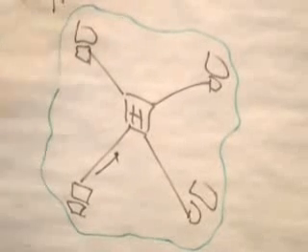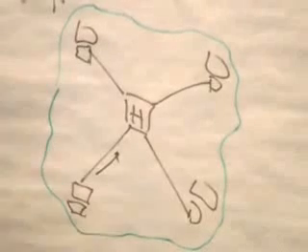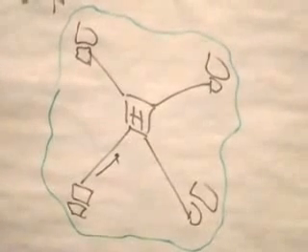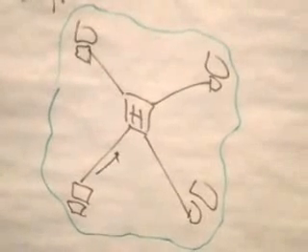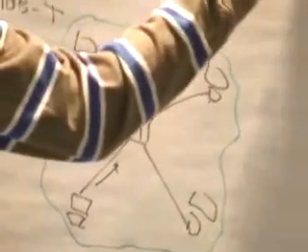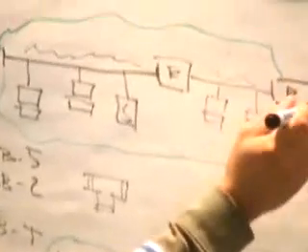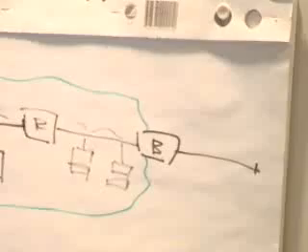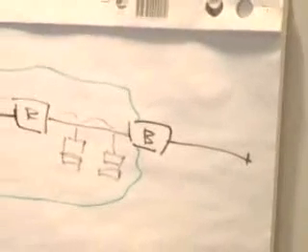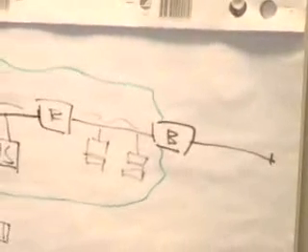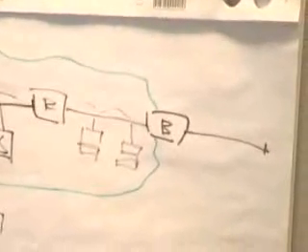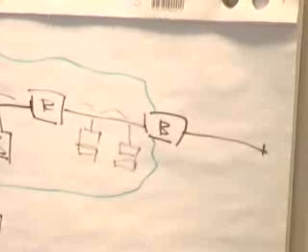But then something came along called a, anyone know? Bridge. So I'll add a bridge up here. And the bridge, because it's a layer 2 device, understands the Ethernet frames we talked about. The frame is a layer 2 frame, remember? The bridge understands frames.